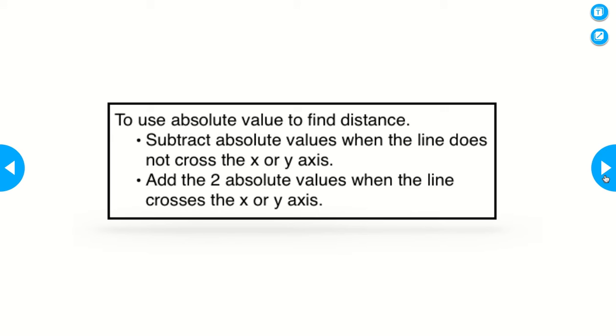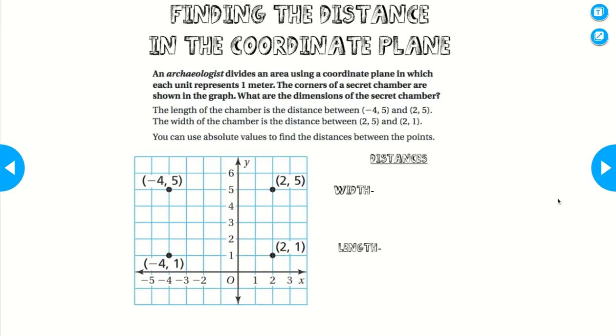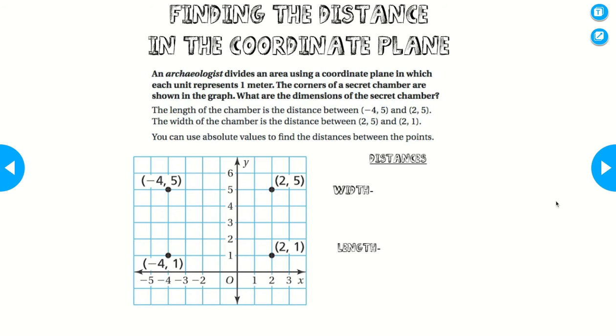So that's when you have something just in one quadrant. But when we have a line, like a length or a width of a shape, that crosses over the x or y axis, we need to add the two absolute values together, so the two distances away from 0. So let's take a look at that.